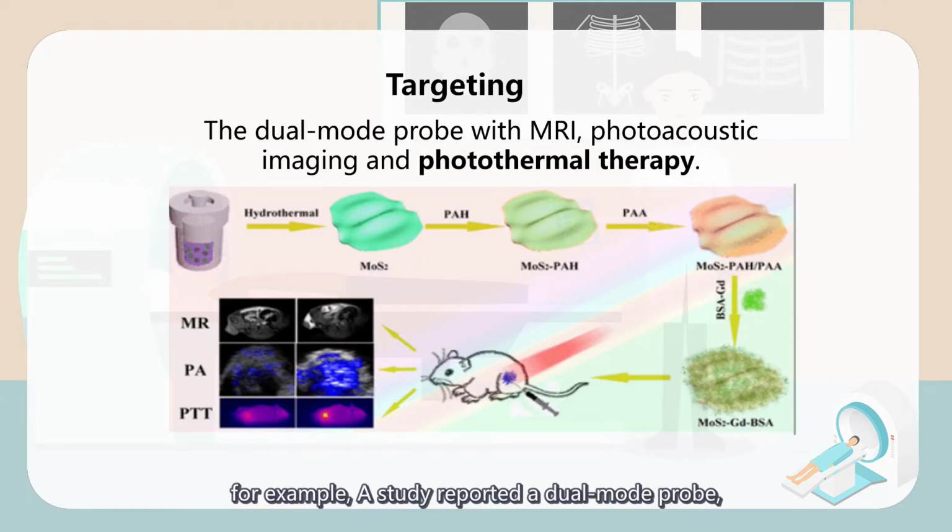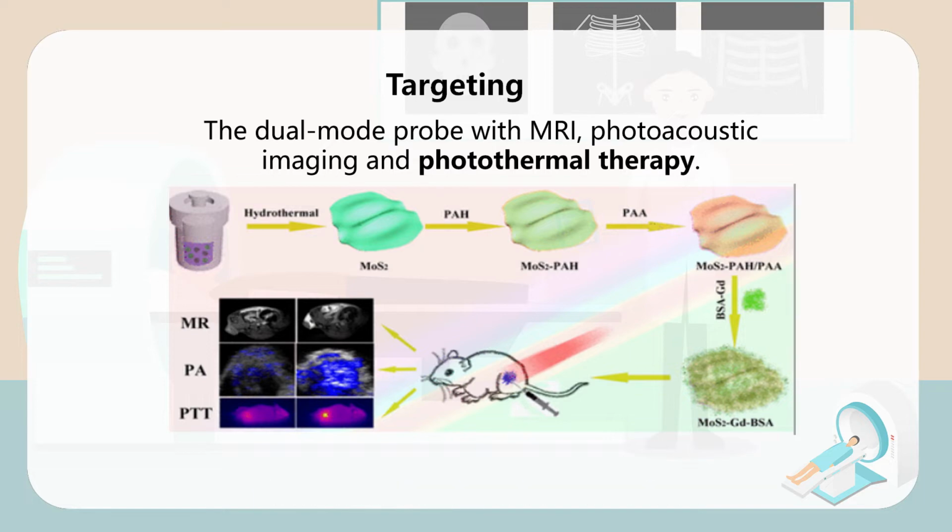For example, a study reports a dual-mode probe which combined MRI and photoacoustic imaging, with gadolinium as the carrier to form a dual-mode imaging probe. Besides this, photothermal therapy was performed, and the image shows nice MRI, photoacoustic imaging, and treatment effects.